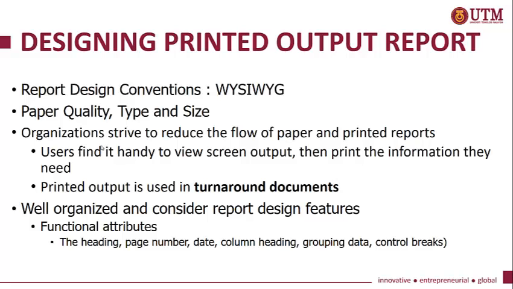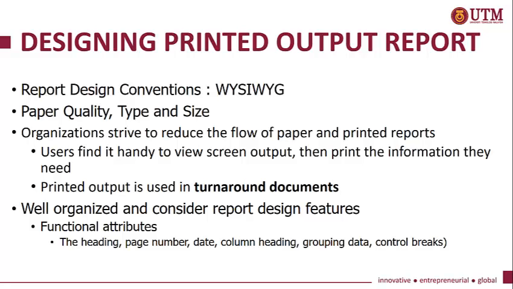Actually, organizations strive to reduce the flow of paper and printed reports, but some users find it hard to view screen output. Then the organization needs to print the information that they need. So the printed output is used in turnaround documentation. Printed reports must be attractive, easy to read, and well organized.